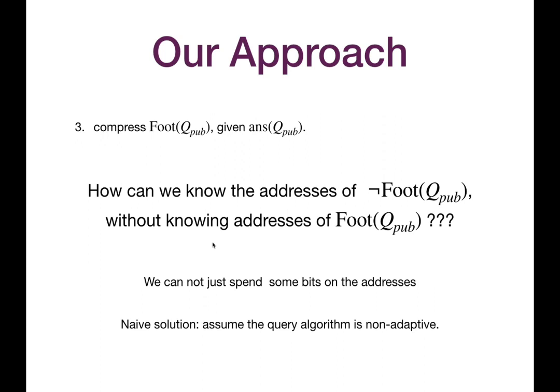In other words, the addresses may reveal lots of information about the database. One may easily bypass this difficulty by assuming the query algorithm is non-adaptive. That is to say, the set of probed cells depends on the query only.